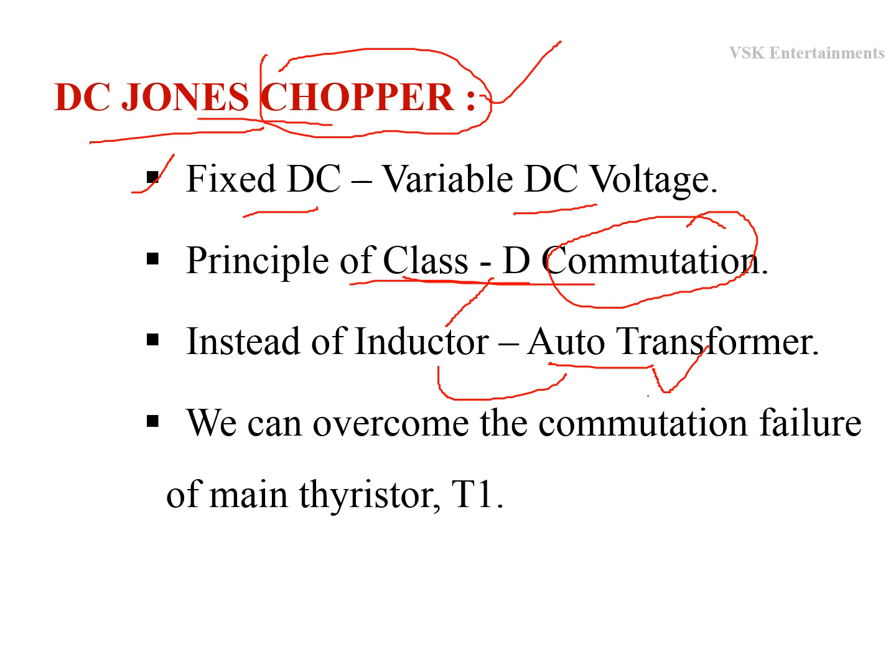By using the auto transformer we can overcome the commutation failure of the main thyristor T1. That is the main drawback in class D commutation: since we are using an inductor, there is a chance of commutation failure of main thyristor T1. That is the introduction of the Jones chopper.